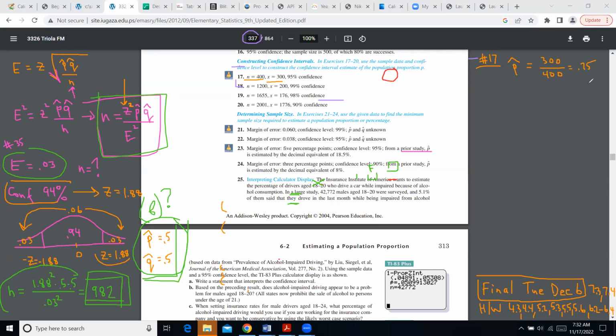So they decided not to give us a p hat, they just say 300 out of 400. Okay, let's divide and we get that p hat. So right away I can get a q, which is 1 minus 0.75, the complement, right? That's 0.25.